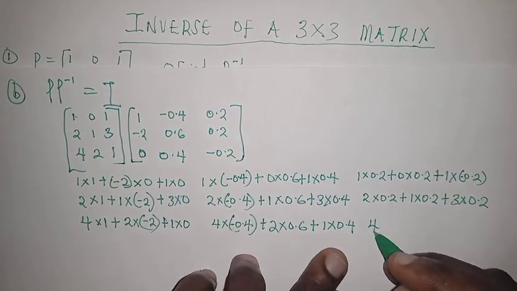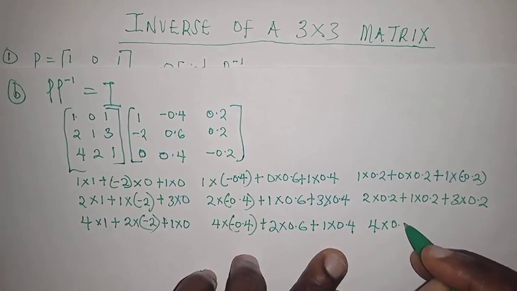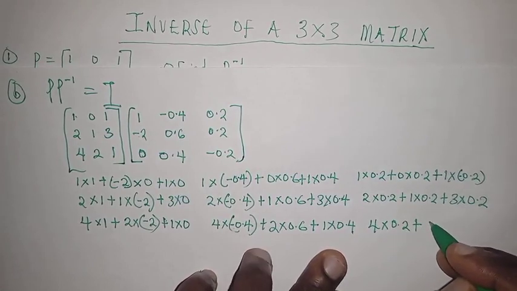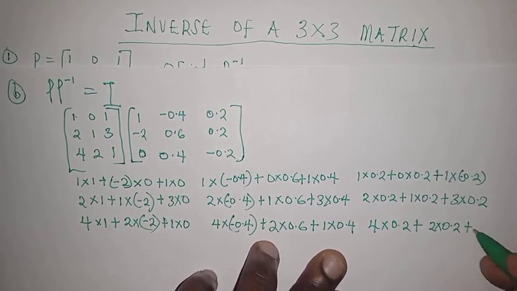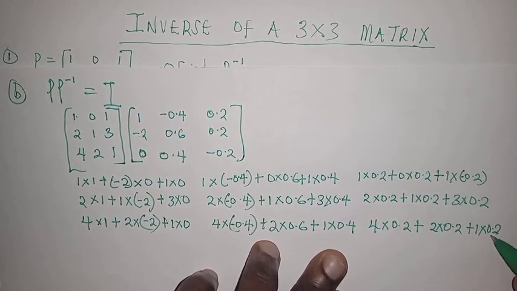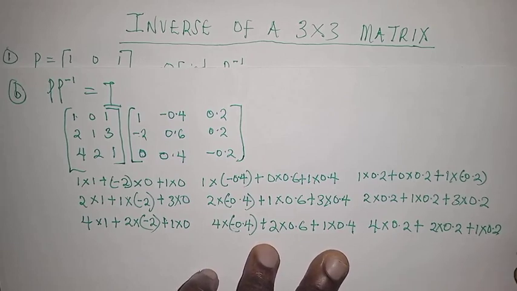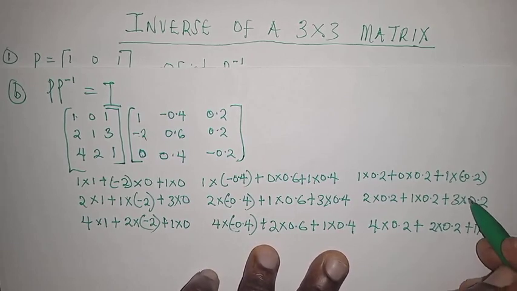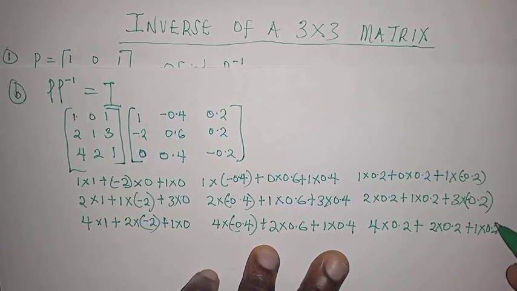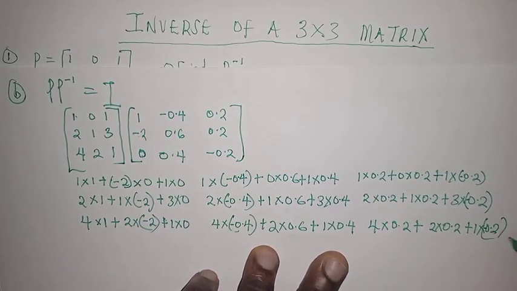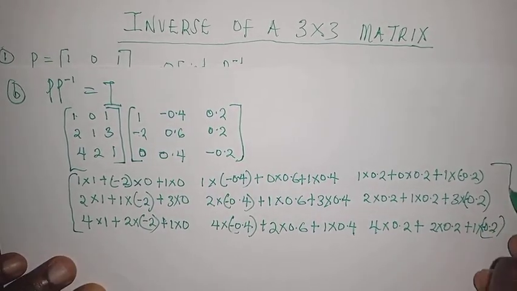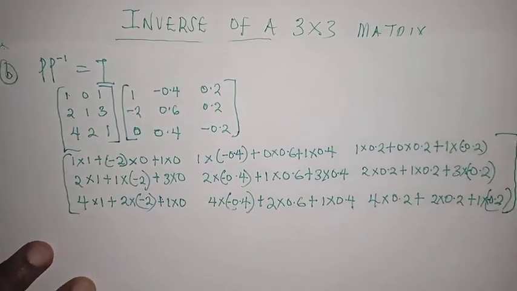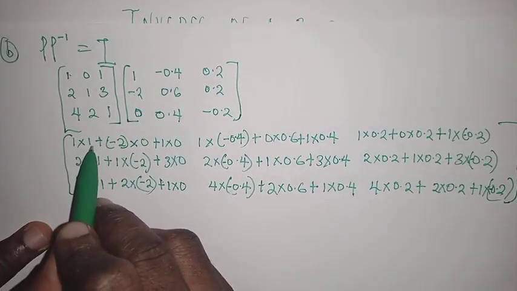And we have 4 times 0.2 plus 2 times 0.2 plus 1 times 0.2. So this is actually negative, sorry. Negative 0.2, negative 0.2.